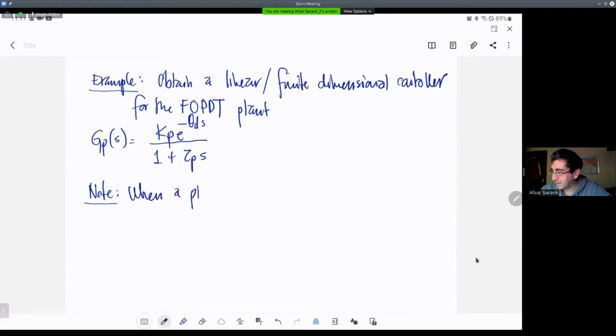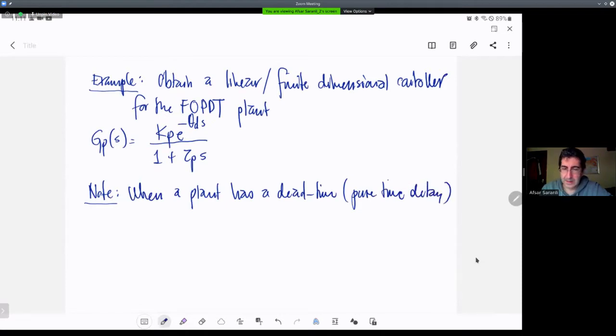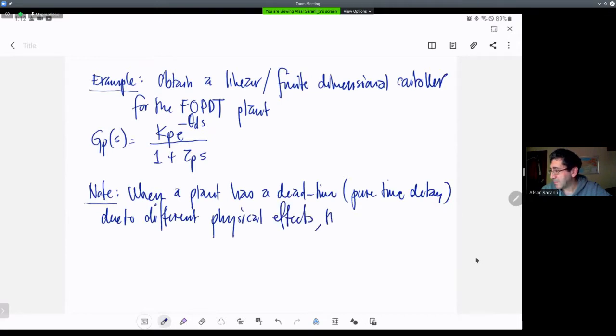When a plant has a dead time or pure time delay due to different physical effects, this cannot be eliminated by the controller.